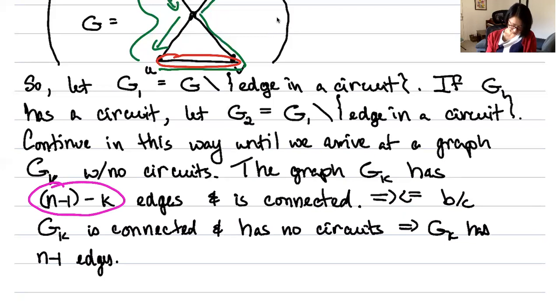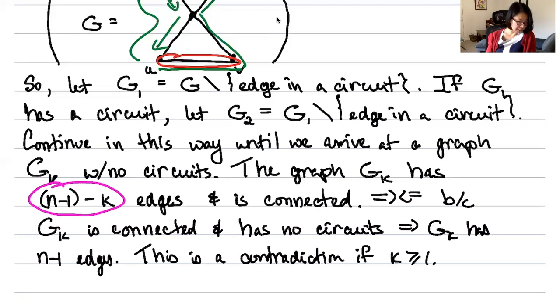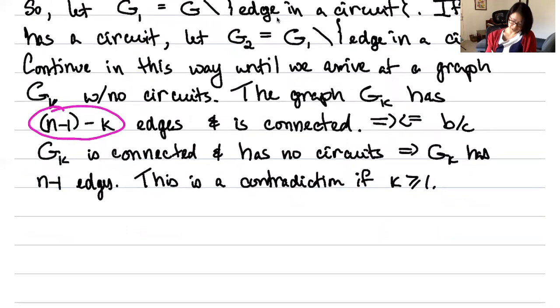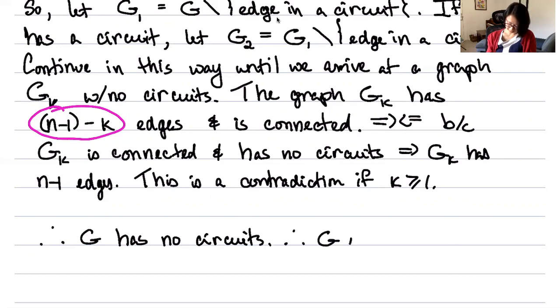So this is a contradiction if k is greater than or equal to 1, i.e. if G had any circuits. So therefore, G has no circuits and must be a tree. Okay, and that's enough for this one.